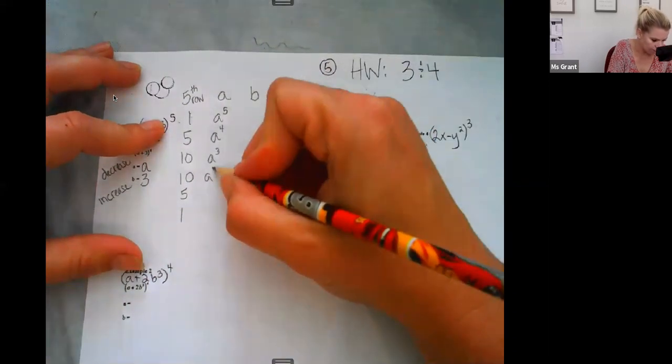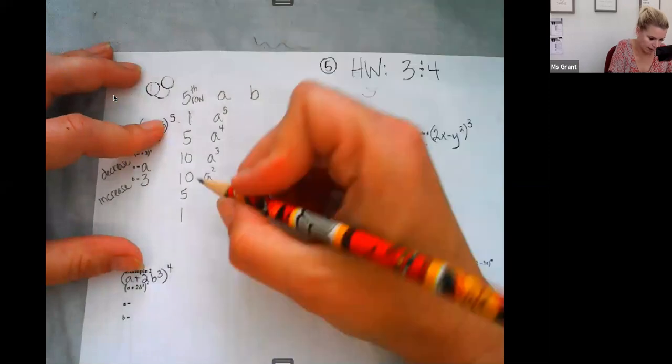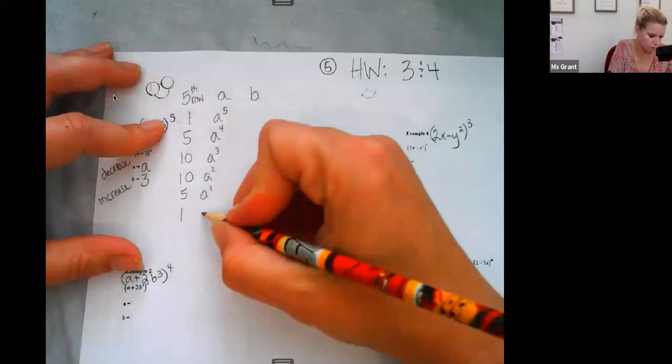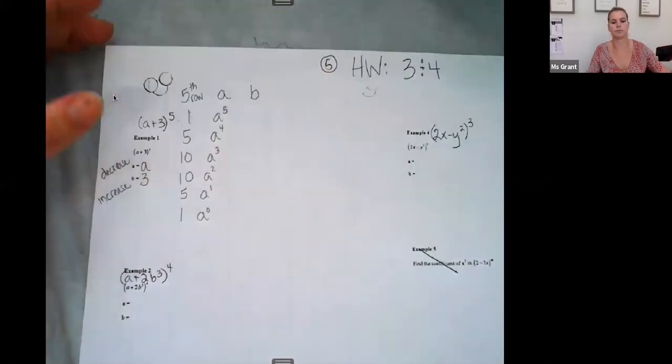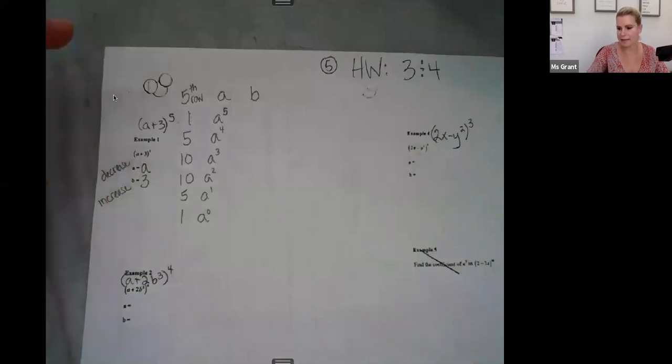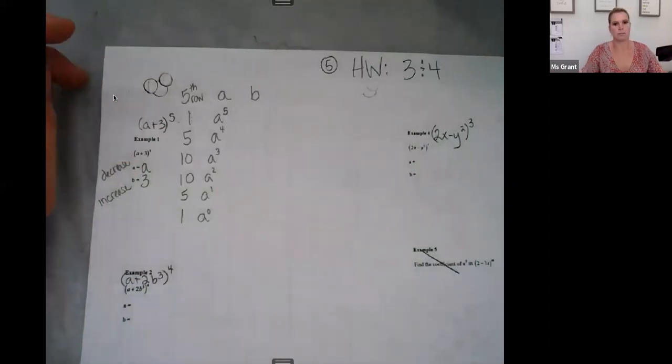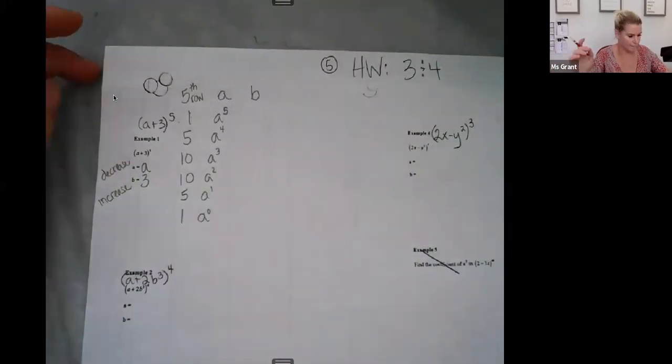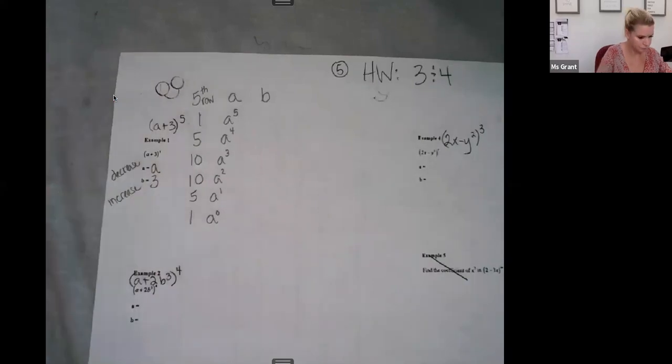A squared, A to the first, A to the 0. So these are all my A's.